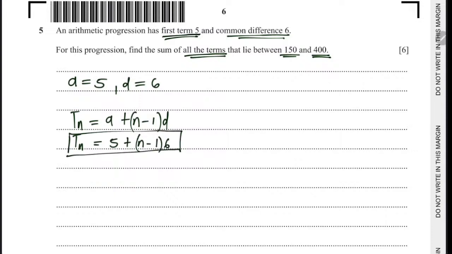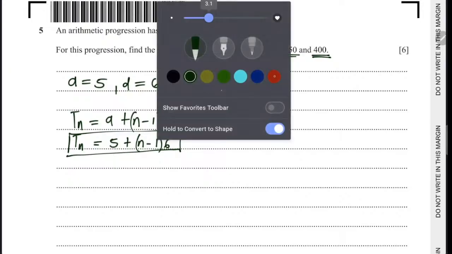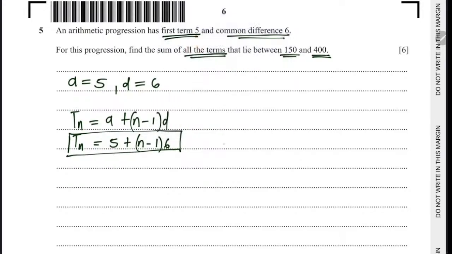So can we try 150 and see if 150 is there in this progression? If we tried with your pencil before you write it officially, for Tn we are putting 150. So 150 is equal to 5 plus n minus 1 by 6. Then we see if we'll get a whole number for n.